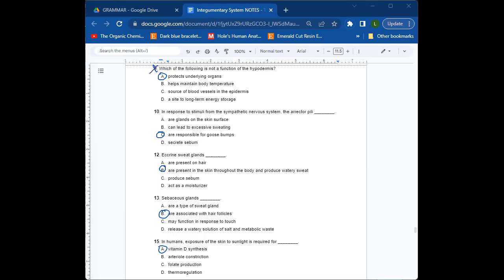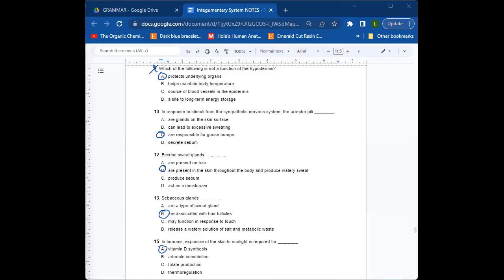So, it says, which of the following is not a function of the hypodermis? So, what does the hypodermis have in it? Cells.